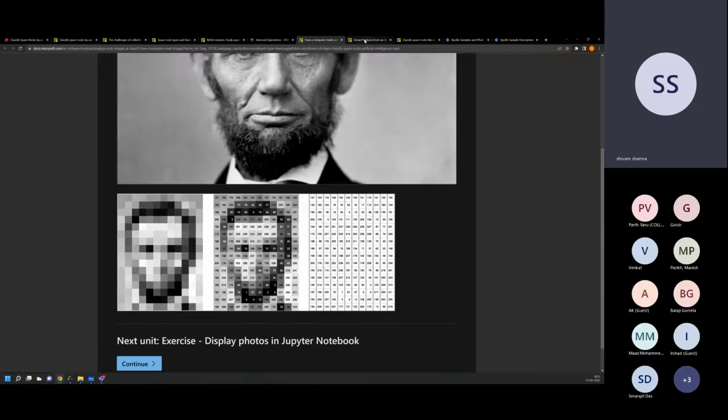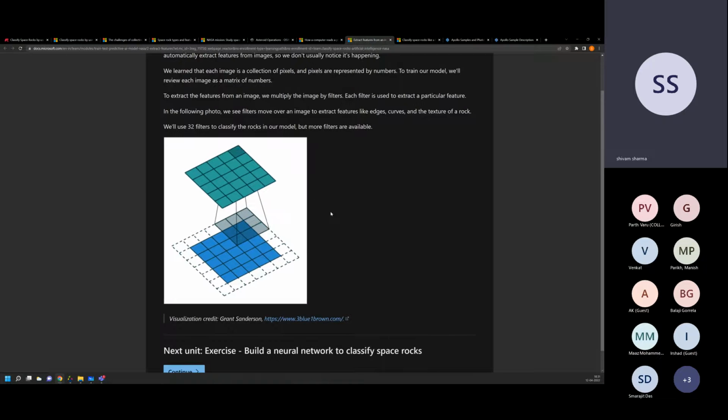Okay, so now what we are going to do is, when we talk about image analysis, we have one type of algorithm, or deep learning model, called a convolutional neural network. That's what we are thinking of using in this scenario as well.